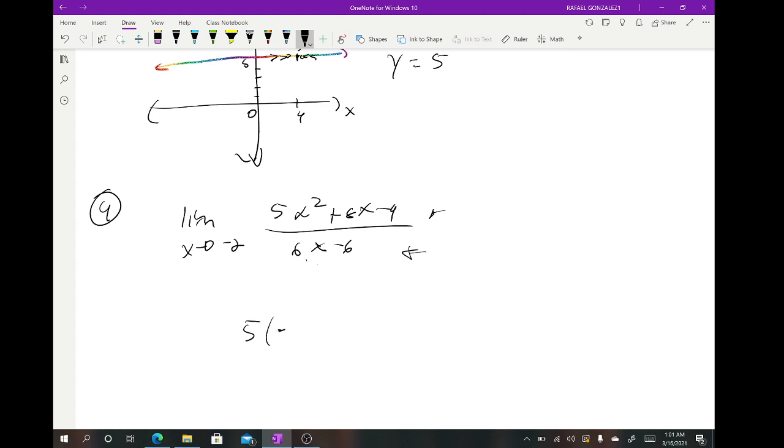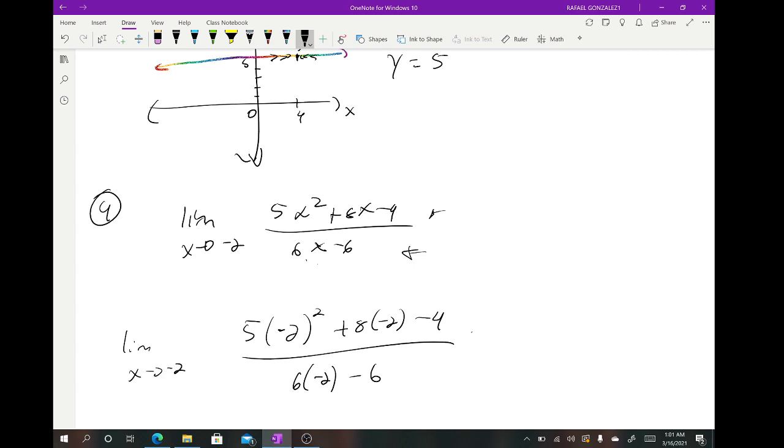So wherever we see an x, we plug in -2, and we can actually figure out what the limit is. So the limit as x goes to -2 is equal to 5 times 4 minus 16 minus 4 divided by -12 minus 6.